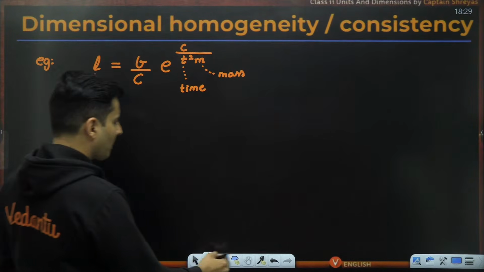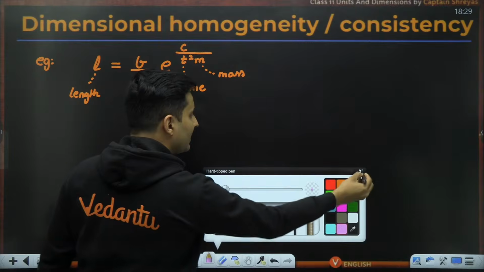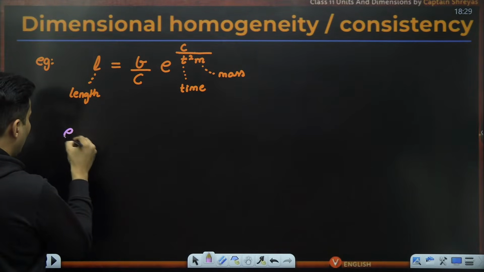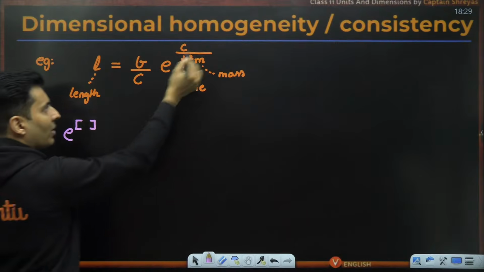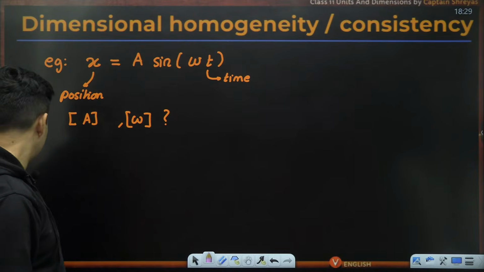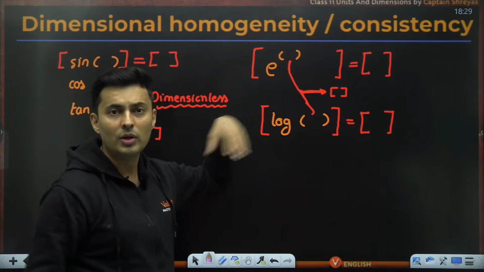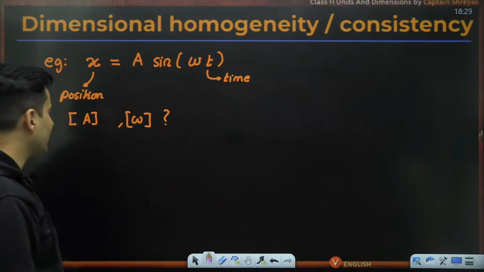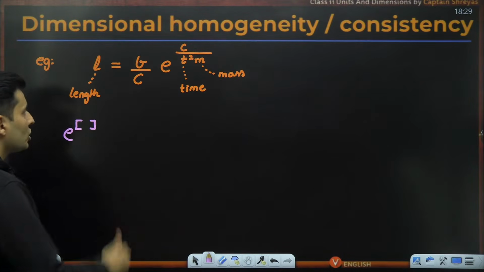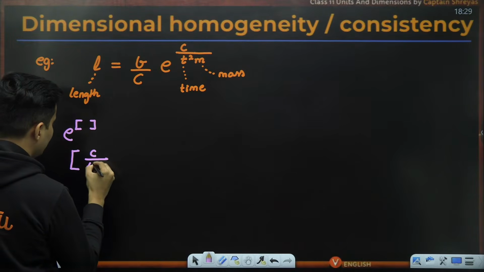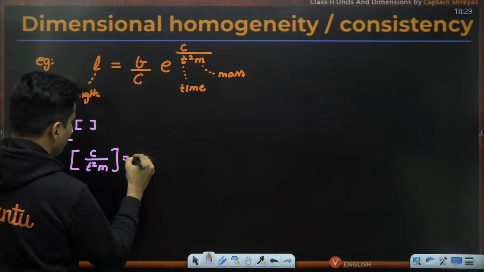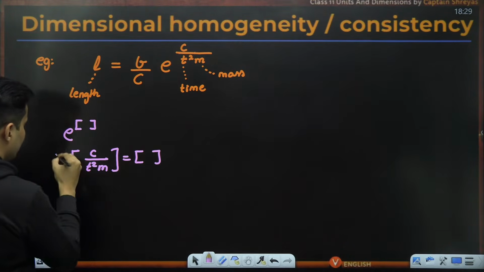I think we can. Whatever E's power will be, the power of E, the exponent, is always dimensionless. I just told you, E raised to anything is the exponent. So whatever this is, basically C divided by T square M, this should be completely dimensionless.